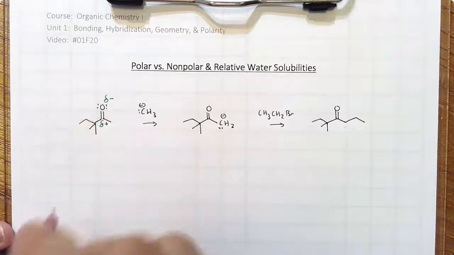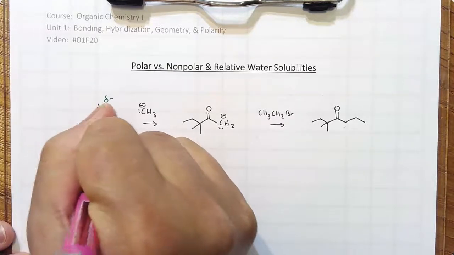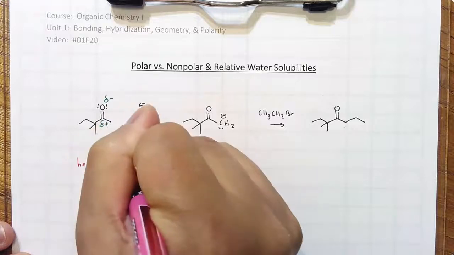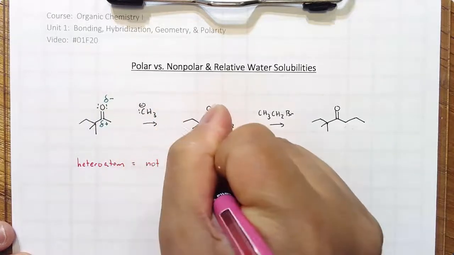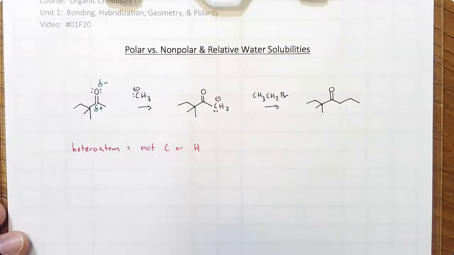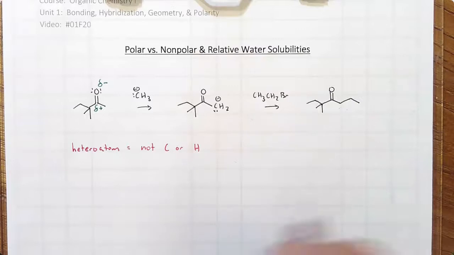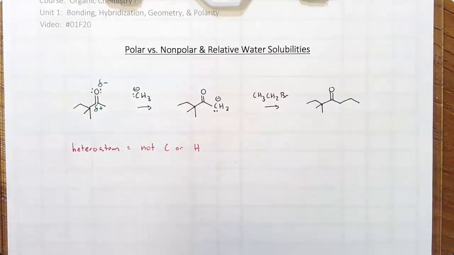Whenever you have what's called a heteroatom, which means it's not carbon or hydrogen, in organic chemistry, most heteroatoms are going to be nitrogen, oxygen, sulfur, phosphorus. That heteroatom typically adds polarity.